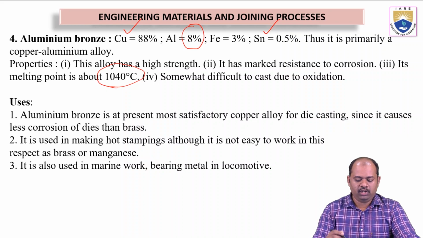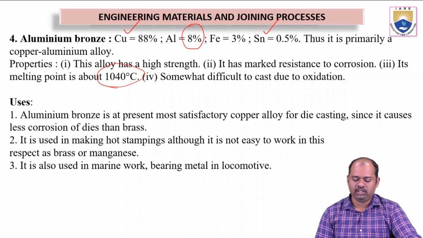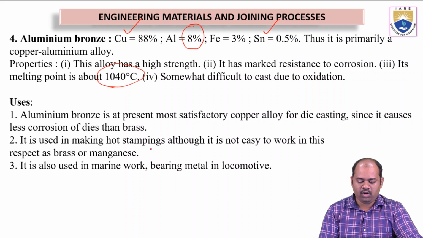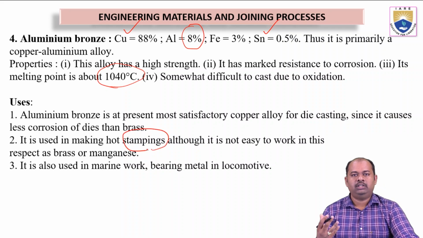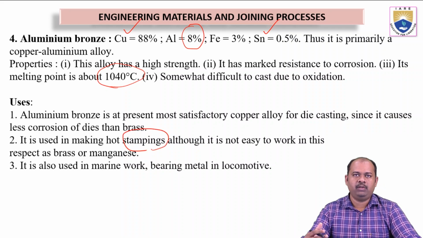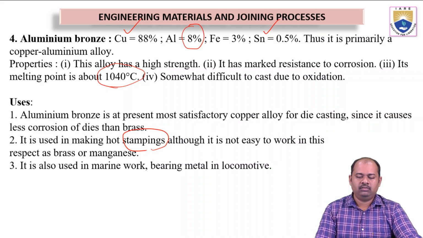And then it is used in making hot stampings, although it is not as easy to work in this respect as brass or manganese bronze. The base metal made of aluminum bronze can be heated and stamped. We can do the stamping process on this, although it has some disadvantages because it does not work as easily when compared to other metals.